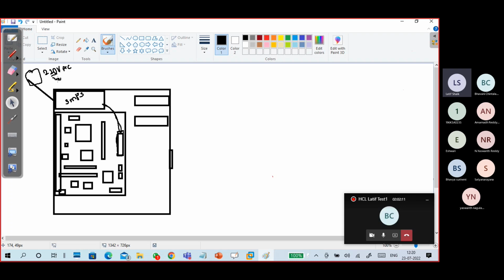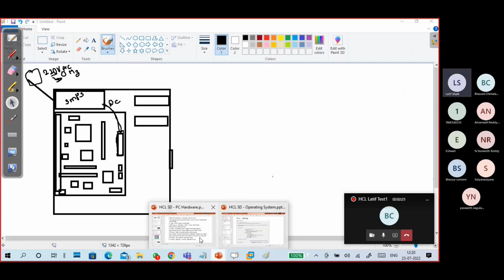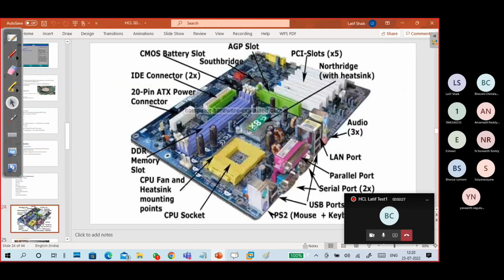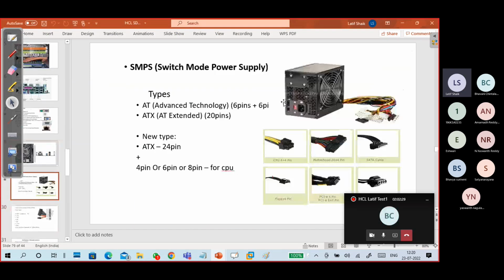What that is, is not very important, but why and how that is. That is SMPS. It takes AC supply and converts AC to DC supply. Look at SMPS, it looks like this. It has a main power connection, which is ATX. Currently we are all using ATX.